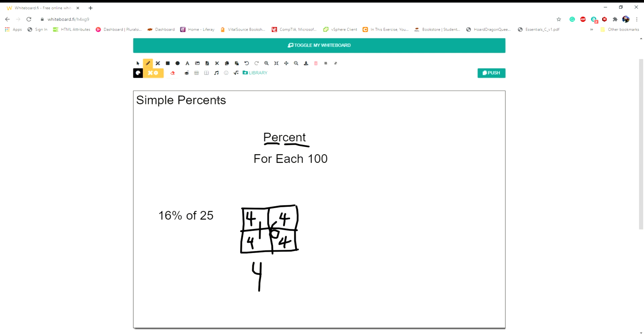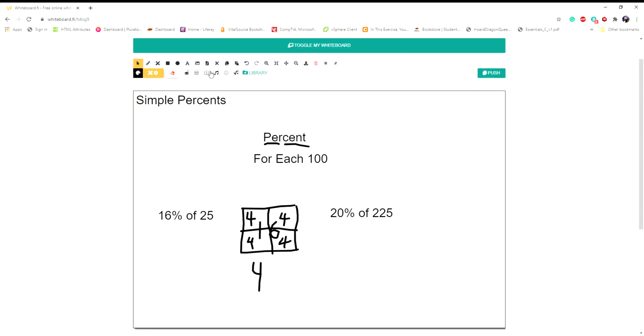So if I apply this to a number larger than 100, let's see what we get. We're going to take 20% of 225. So let's draw our boxes. We have 225.